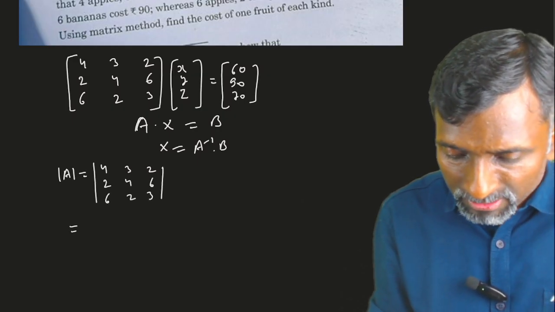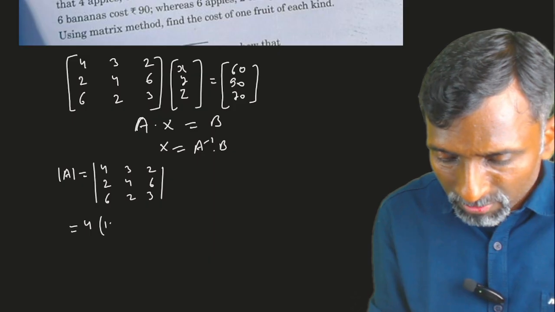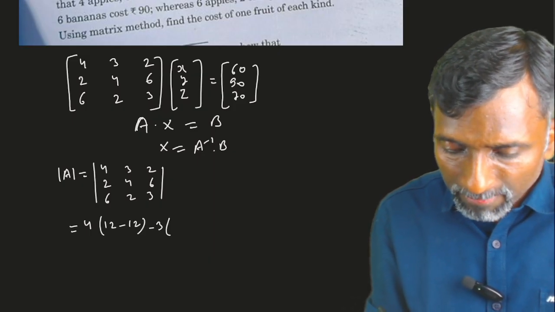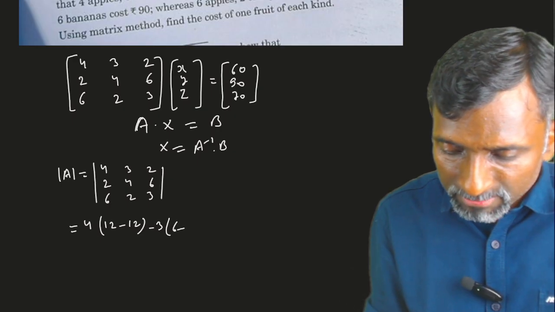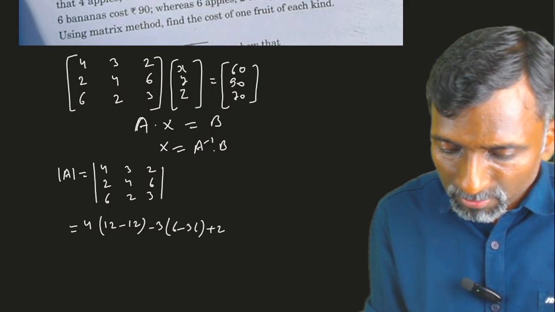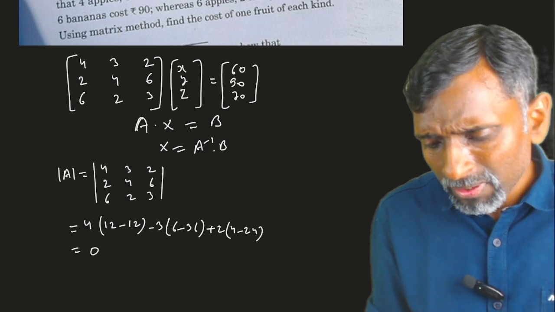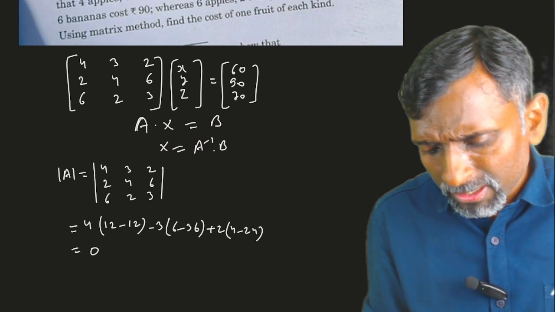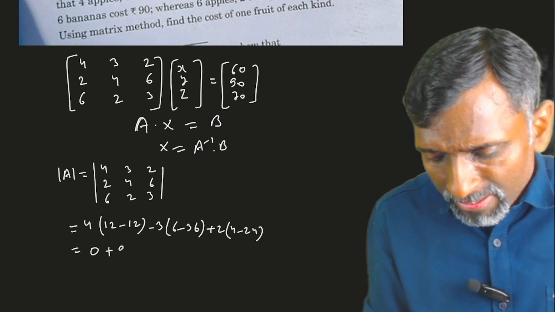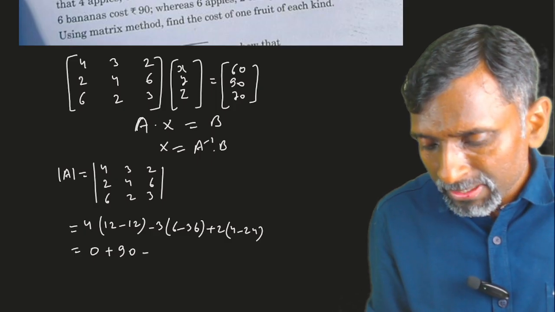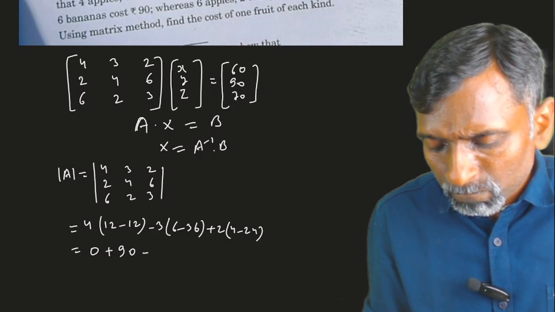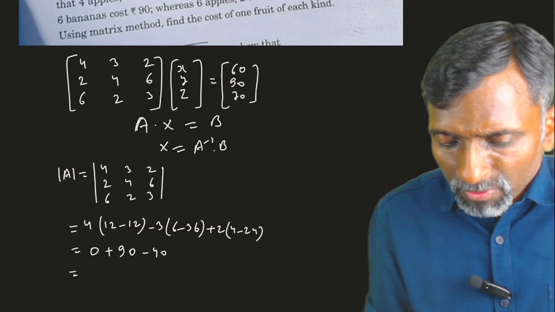So if we are solving this determinant, it is 4 multiplied by (4 times 3 is 12 minus 6 times 2 is 12), minus 3 multiplied by (6 minus 36), plus 2 multiplied by (4 minus 24). So it is 0, and minus 30 plus minus plus 90, minus 40. So we got it as 50.